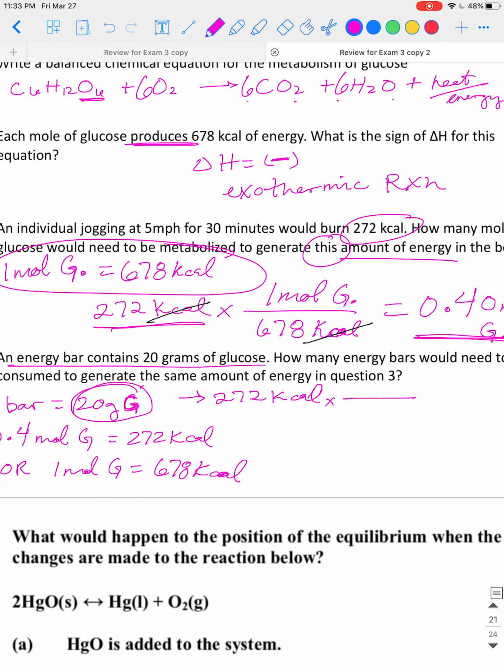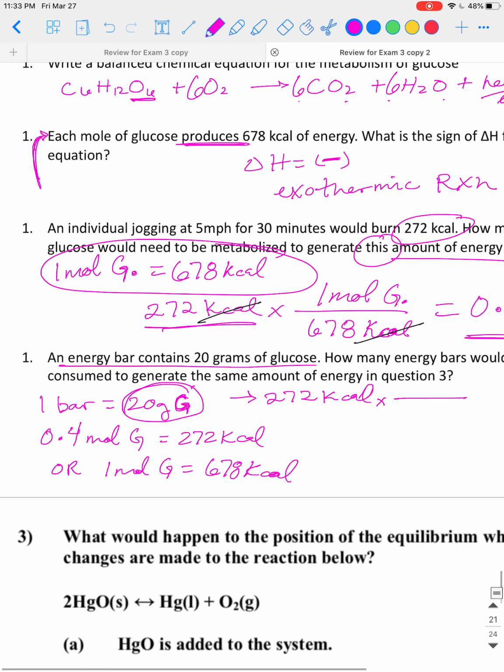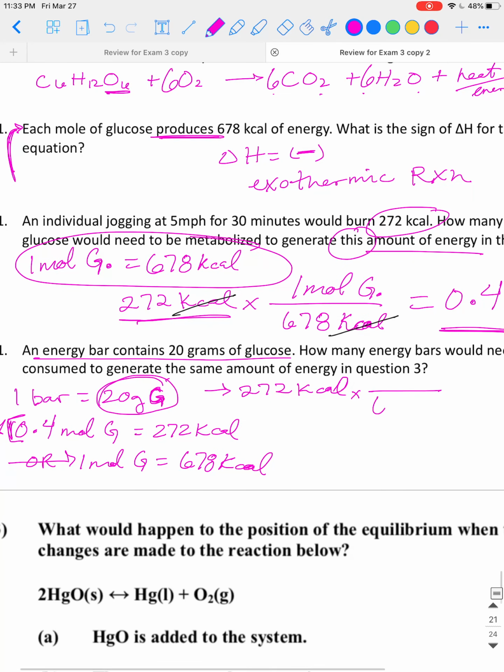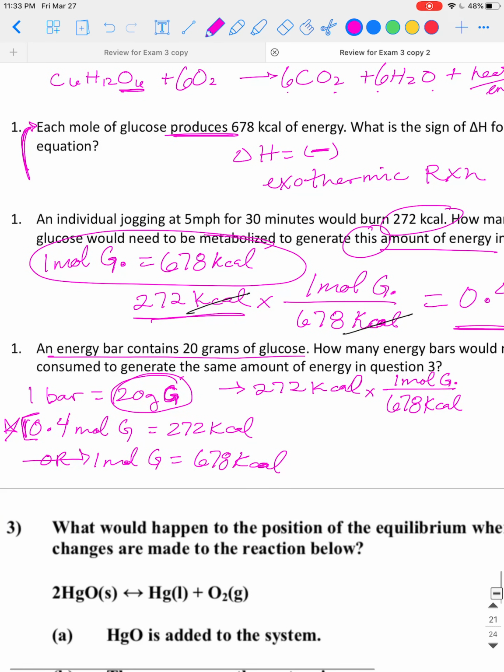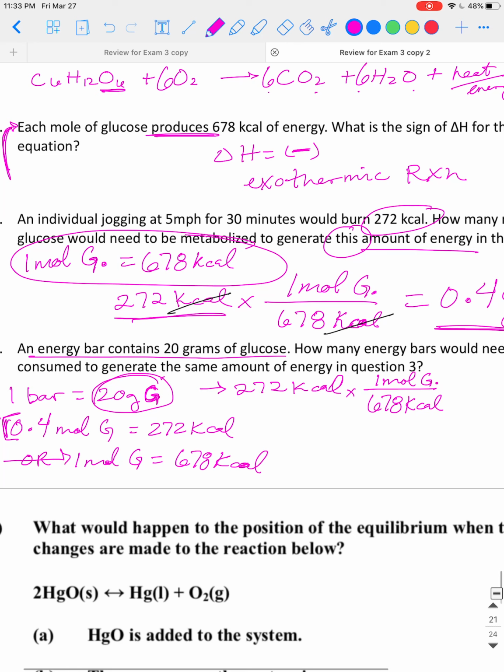In case it was challenging to look at the third problem and write out this relationship, I'm just going to use this bottom one. We know that 678 kcal is produced from 1 mole of glucose, capital G.